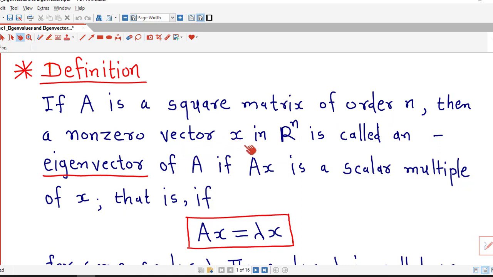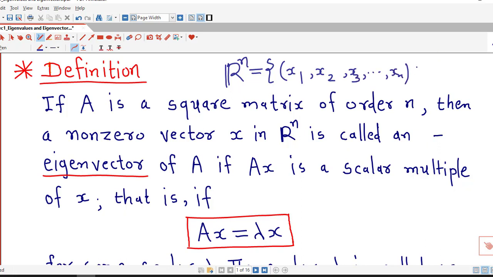If there exists a non-zero vector x in Rn, here we can just recall the meaning of Rn: it is the set of all n-tuples (x1, x2, x3, ..., xn) where xi is a real number for each i equal to 1 to n.